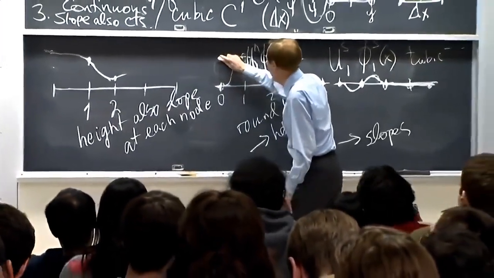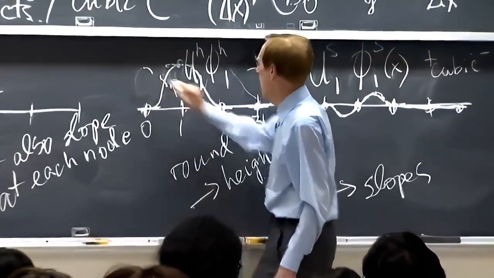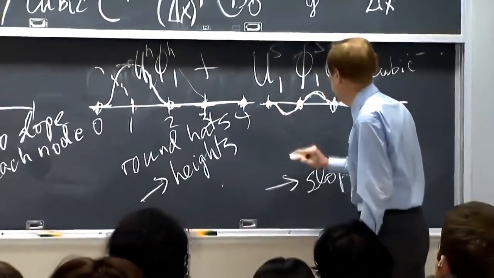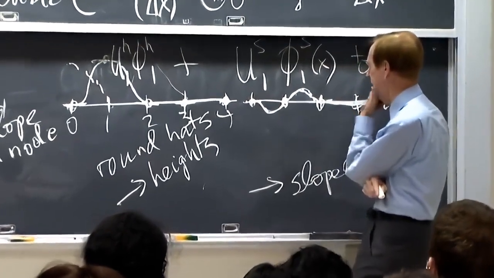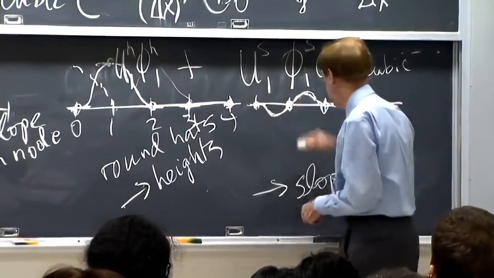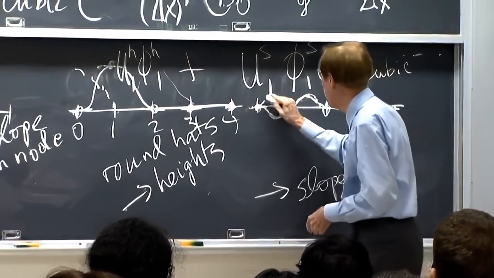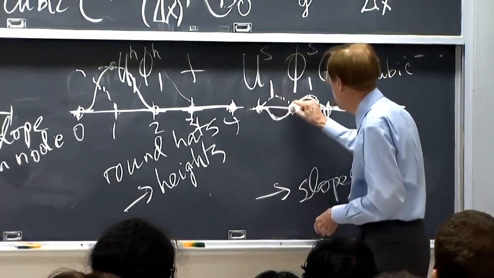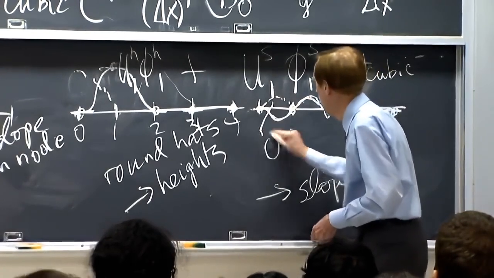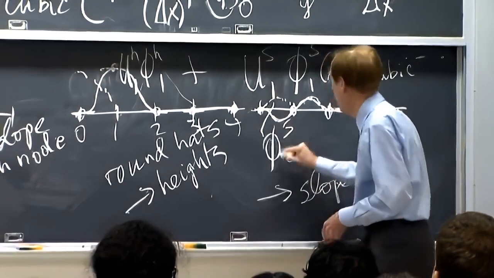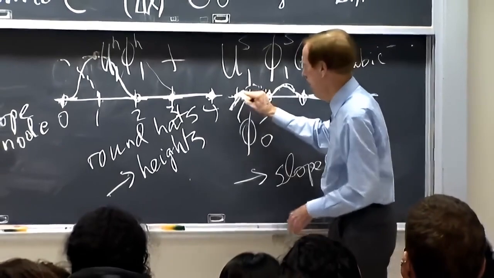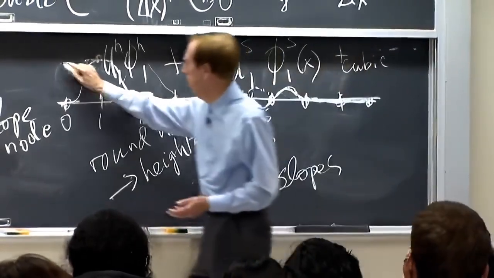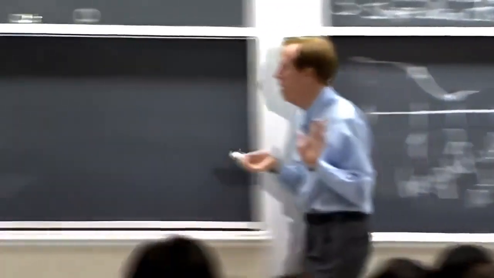There's one height guy, and there's one that has a slope of 1 and gets back to 0. What I'm drawing now in little dashed lines was the phi slope 0, the one that gives me a slope at node 0, and this is the one that gives me a height. Do you see it?